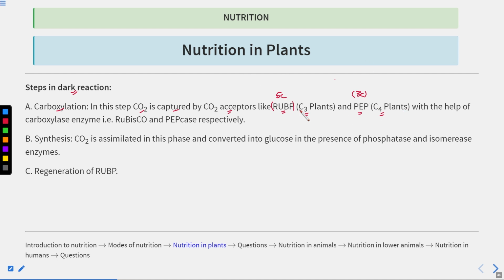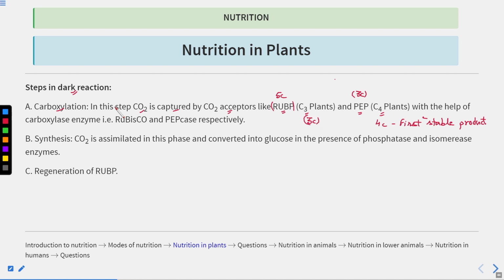Now, why are they called C3 plants? Because here the first stable product is a 3-carbon compound, and in C4 plants the first stable product is a 4-carbon compound. The word stable is very important because an unstable intermediate product is also formed. In C3 plants, the first stable product is a 3-carbon compound.